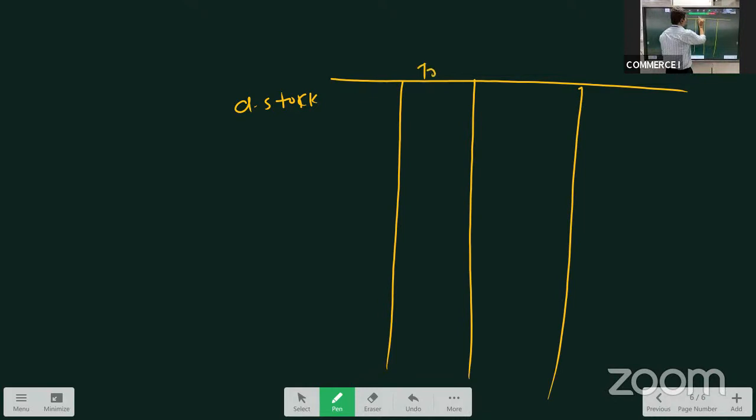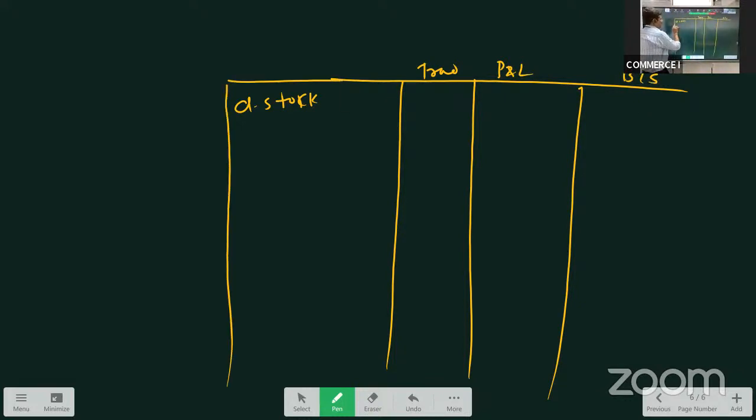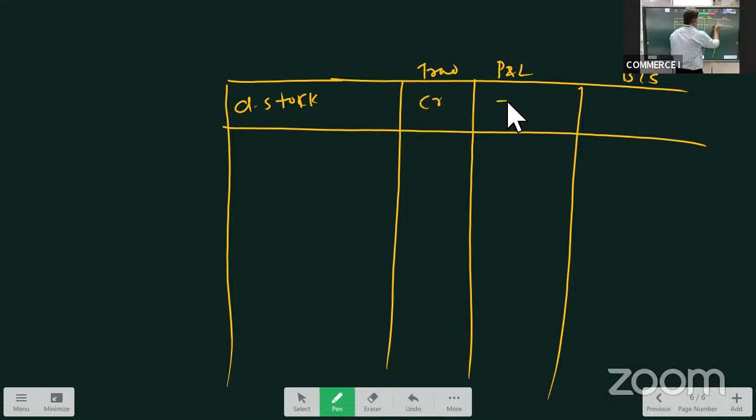This is trading account. This is P&L account. And this is balance sheet. Closing stock. This is the first adjustment. Where will we show? We'll show it on the credit side of trading account, and then we'll show it on the asset side. Right?